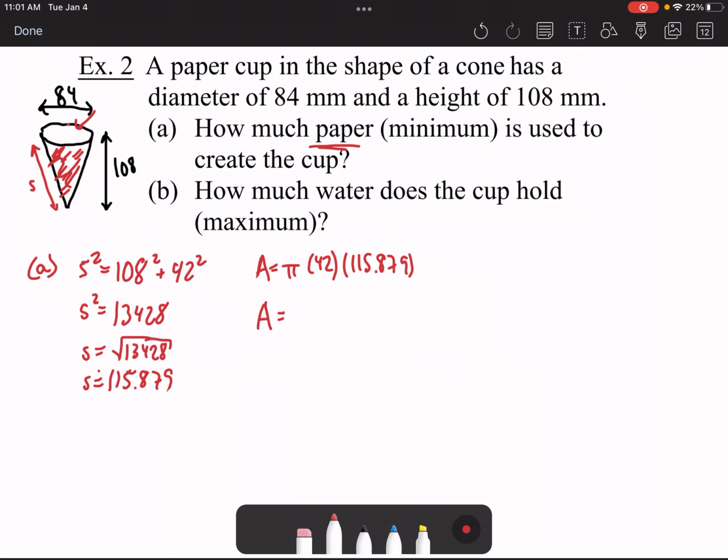If not, approximation should be okay. So this works out to be about 15,289.906 millimeters squared. And again, don't forget your units here.